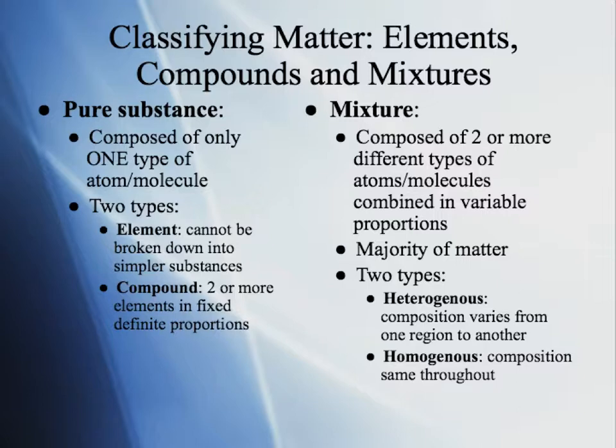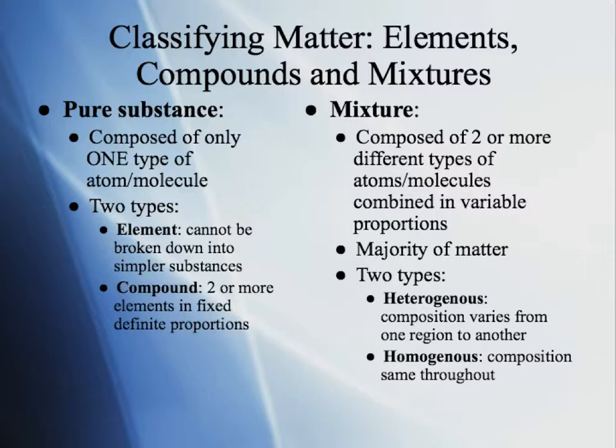We either have elements, pure elements, so something like the aluminum can that is only made up of aluminum is a pure substance made of the element aluminum. It can't be broken down into any simpler substances. A compound is two or more elements in fixed proportions.